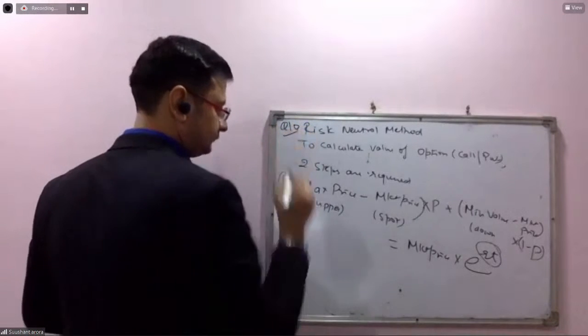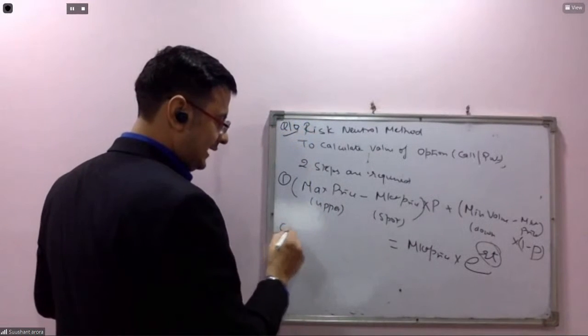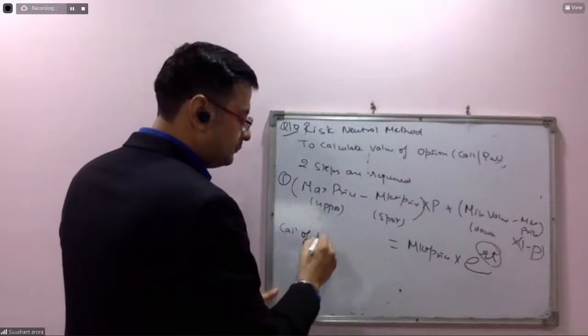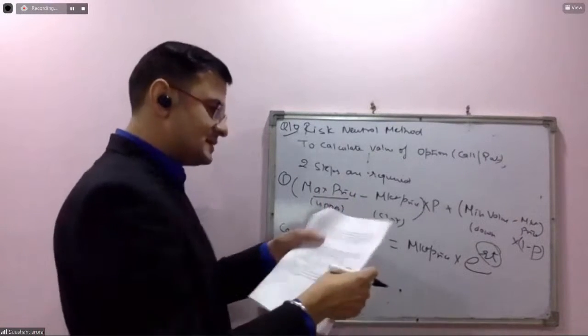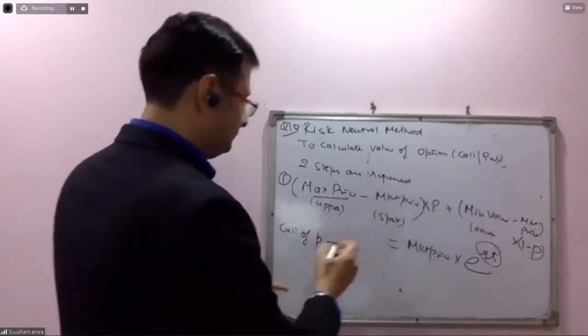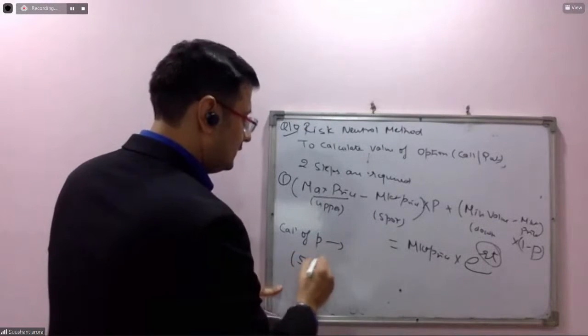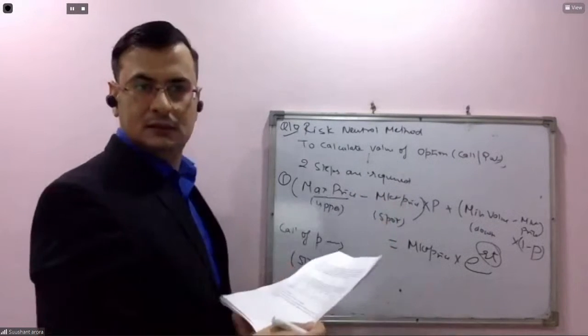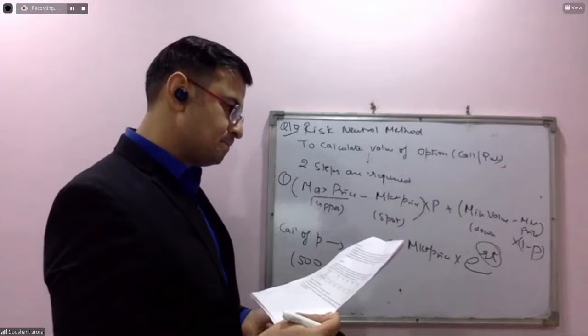Question 10. Calculation of P. Maximum price 500, minus the market price. What is the market price?